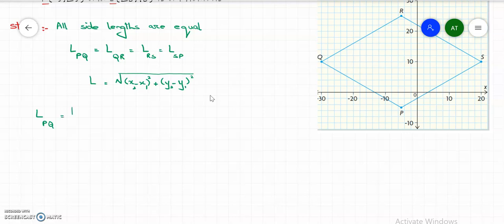So it would be square root of (x2 minus x1) whole square, so negative 30 plus 5 whole square, plus (y2 minus y1) whole square, so 10 plus 5 whole square. Negative 30 plus 5 is negative 25 whole square, plus 10 plus 5, that is 15 whole square.